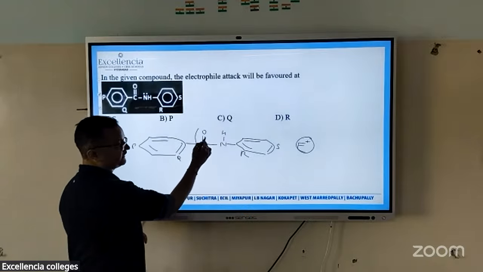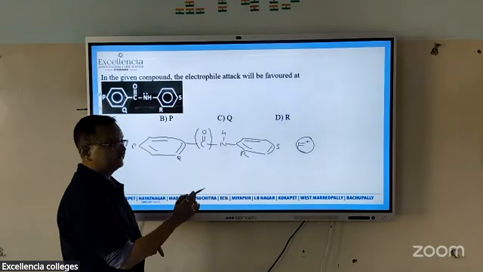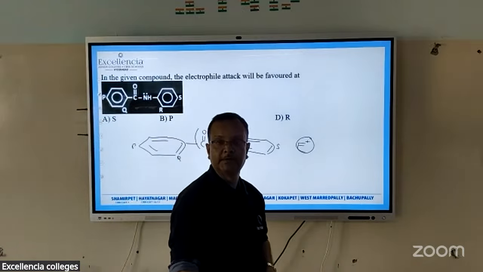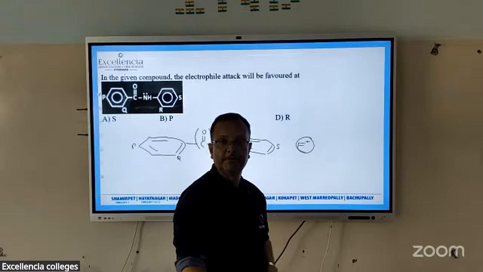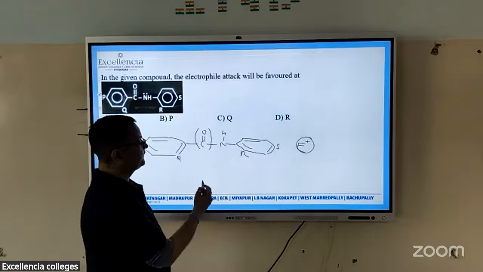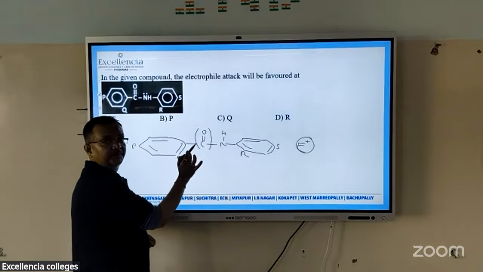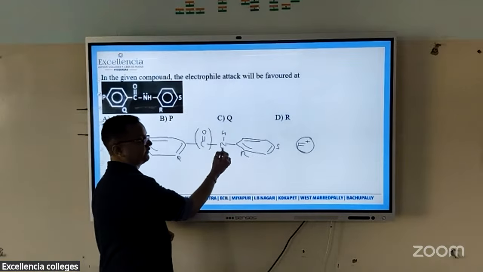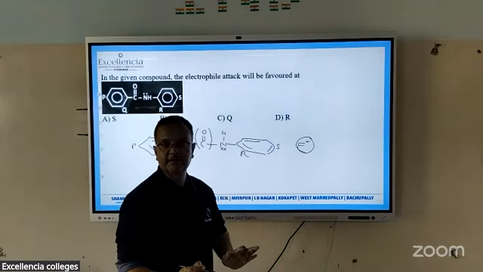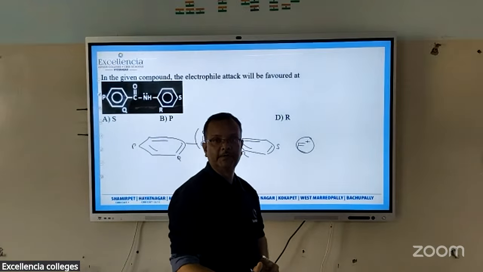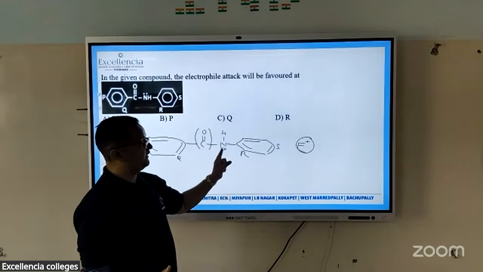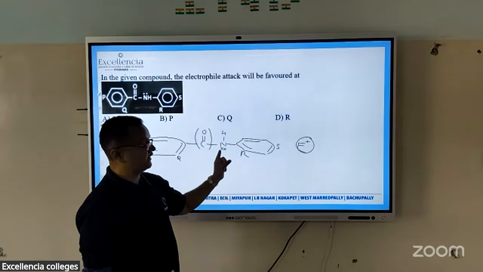So what type of group is the CO group attached to the benzene ring? The CO group is a deactivating group, fine, because of its effect. And what about the NH group? NH is a highly activating group attached directly to the benzene ring. So in comparison, which group is more activating? NH dominates, and NH is the more activating group.